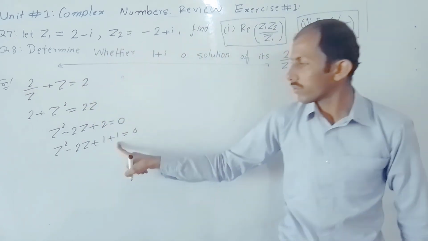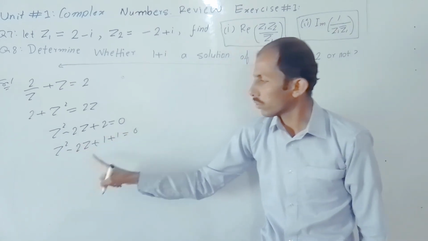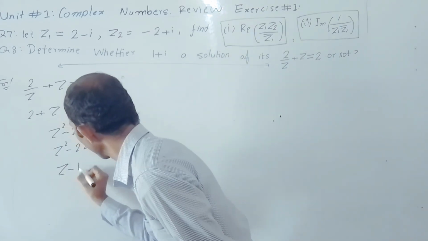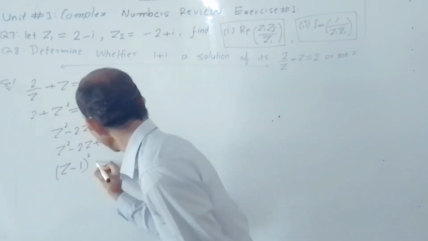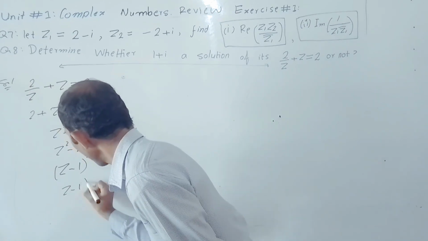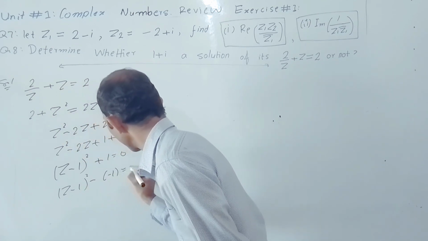So plus 2 can also be written in this form, 1 plus 1. So z square minus 2z plus 1 is the square of z minus 1, whole square plus 1 equal to 0. So z minus 1 whole square minus into minus 1 equal to 0.